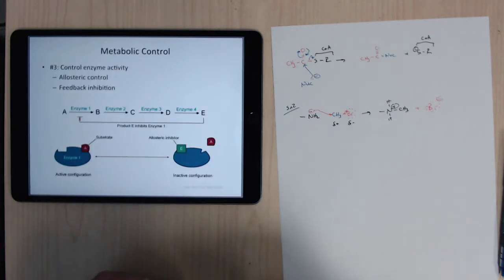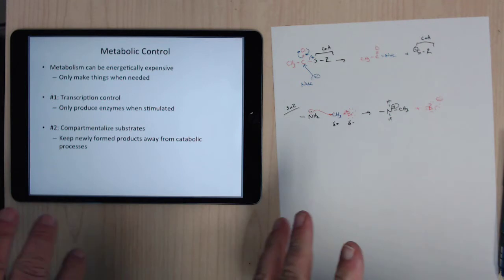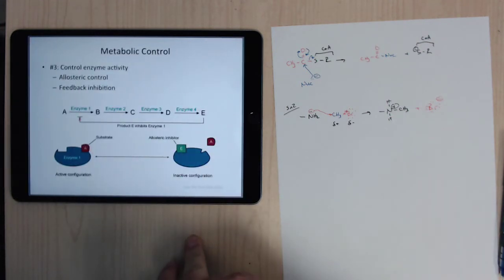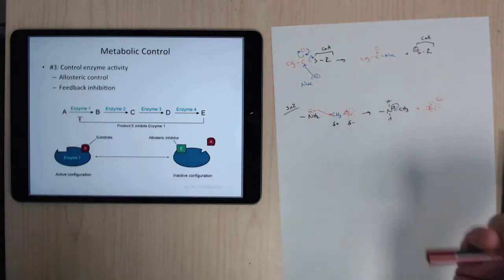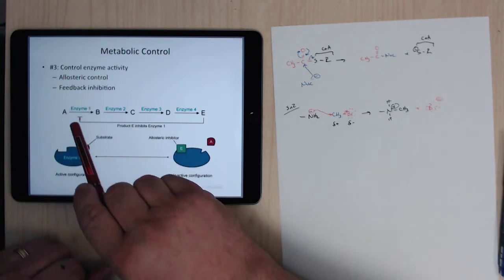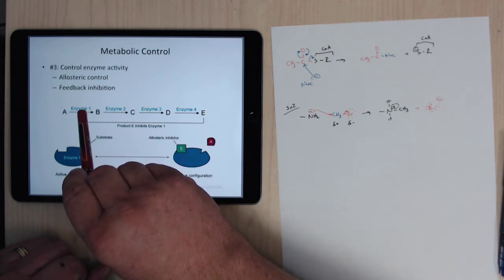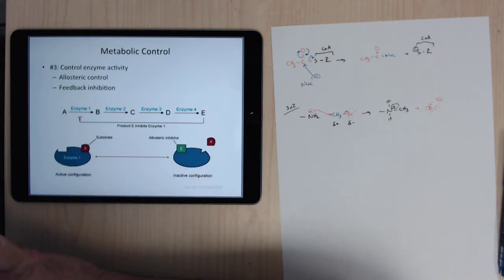So how do we do this? Another way is to keep it separate, so you don't burn the things you spent so long making. You can have allosteric feedback inhibition, allosteric control. You can say, okay, this product here will actually inhibit this enzyme. If this builds up, basically it says, whoa, we don't need to make any more of this.